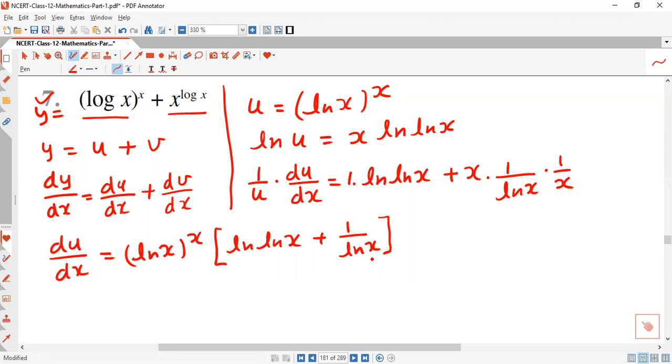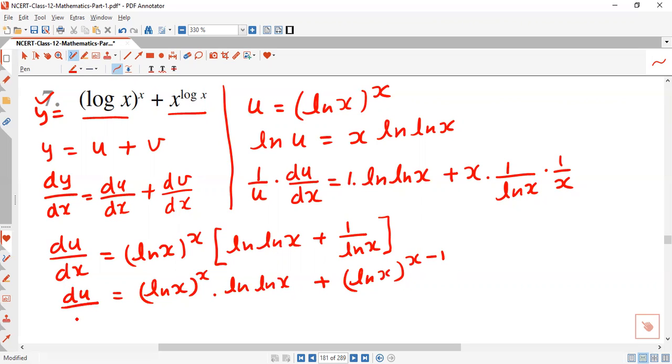So log x in the denominator can be removed, and it can be written as log x raised to minus 1. Open these terms: log x raised to x into log of log x plus, combining these two terms, we get log x raised to x minus 1. This is du by dx. We call this equation number 1.